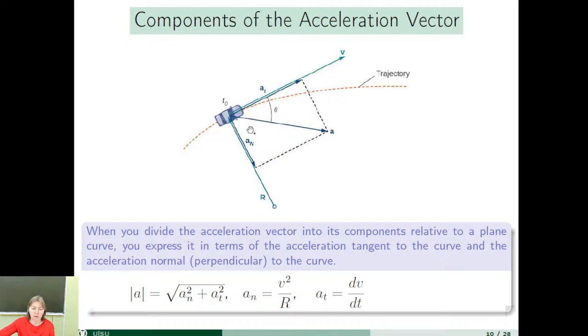This is the tangent component and the normal component at this point of the trajectory, with the expressions for the normal component, the tangent component, and the acceleration.